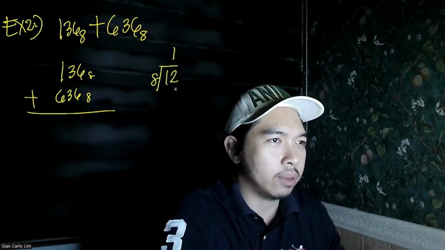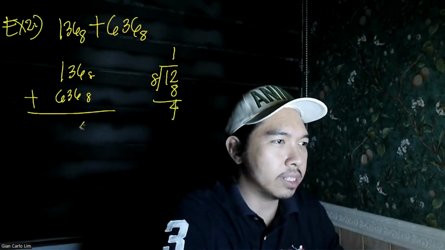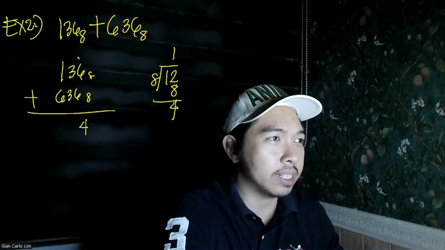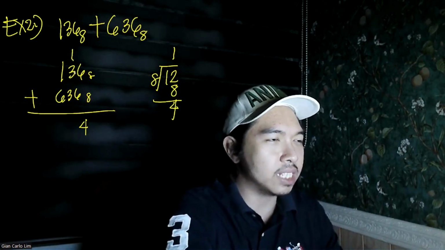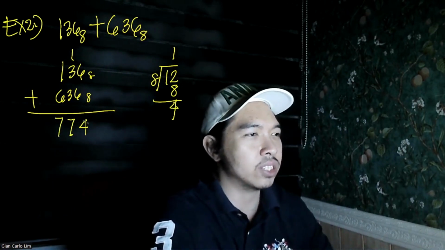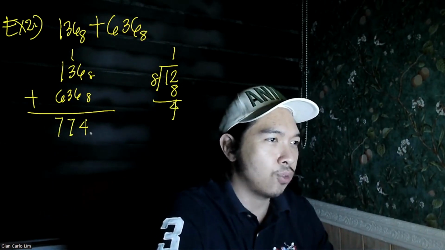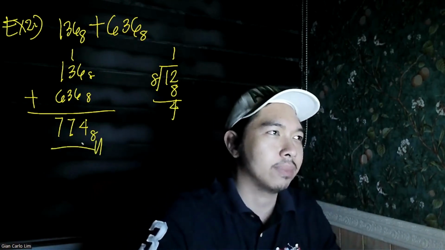So that is 1. 8. So this is 4. Quotient part is the carry. Sum part is the remainder. Okay, 1 plus 3 is 4 plus 3, so that is 7. And then 1 plus 6 is 7. So the answer is 774 base 8. And that is now the answer. As simple as that. Okay.